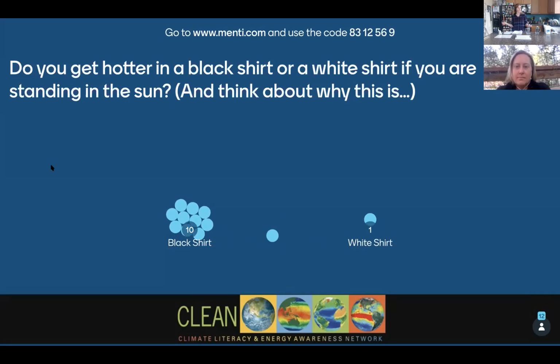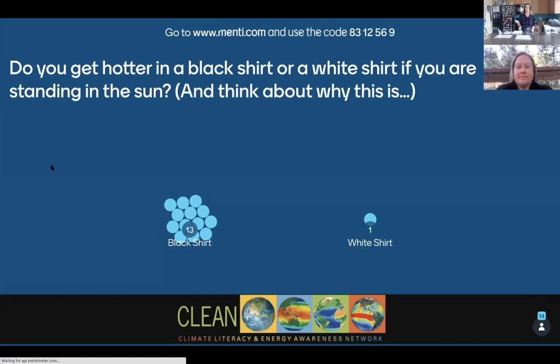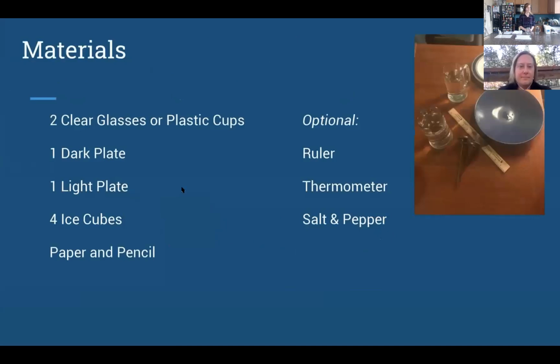Great, so the next thing is our actual experiment today. Hopefully you have had a minute to get some of your materials. If not, we're going to put the material slide back on and give you a second to gather two glasses, hopefully clear. If they're not clear, that's okay. Definitely need at least 4 cubes of ice and some plates.